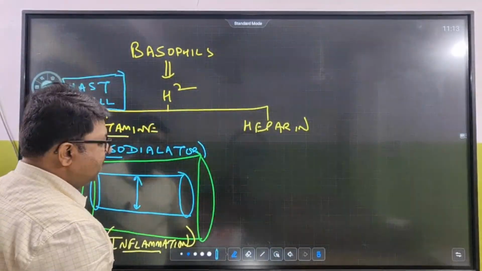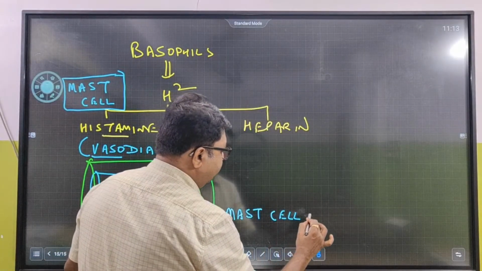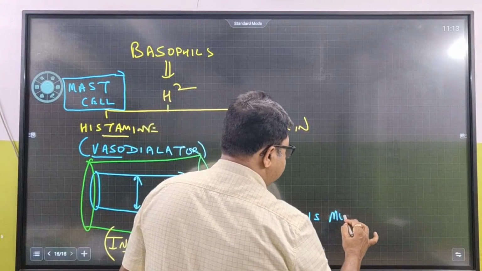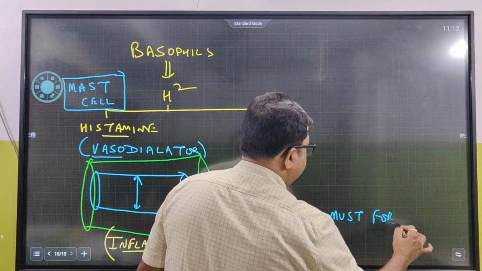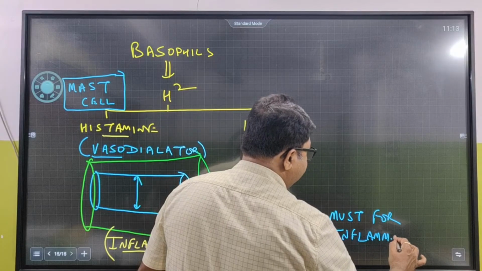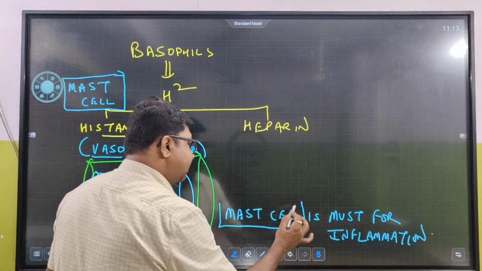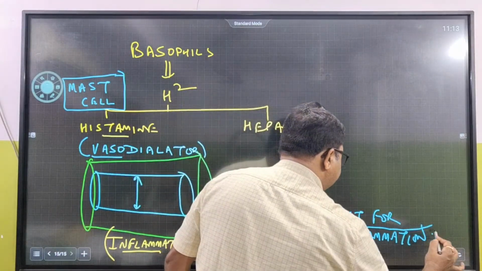And there is a perfect statement that mast cell is a must for inflammation. Without mast cells, you cannot have inflammation.